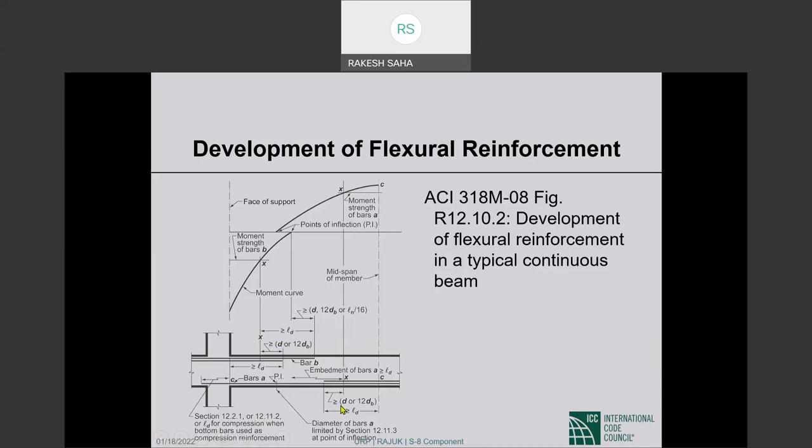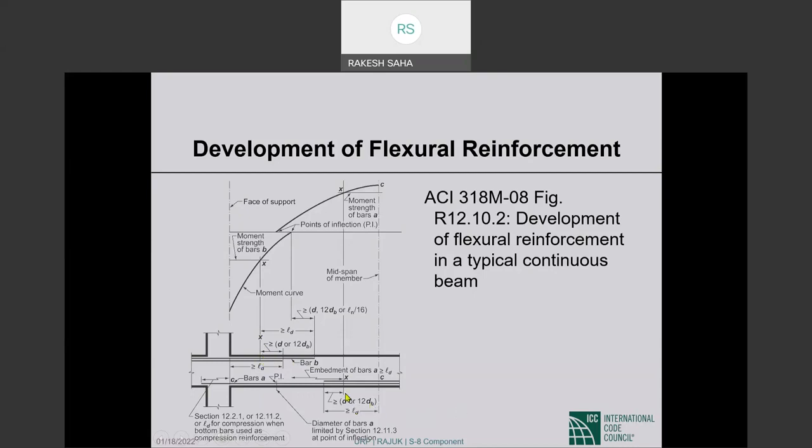And then the bars B have to have full development length beyond the theoretical point of cutoff here. The other bars are theoretically not required, but the bars that are continuing have to be fully developed.